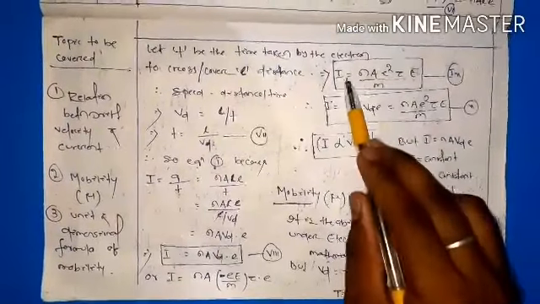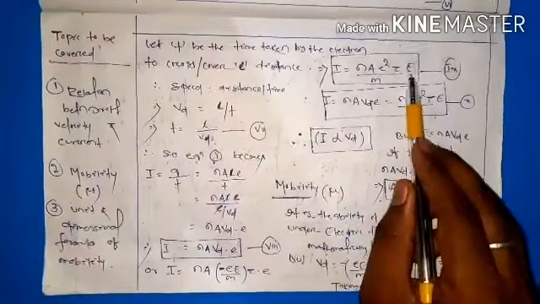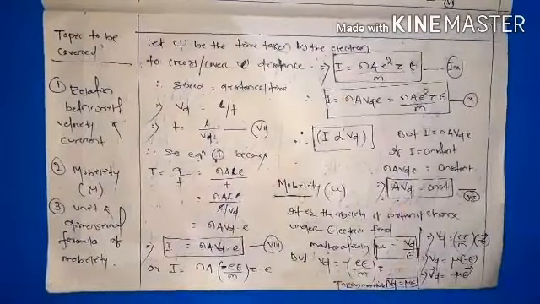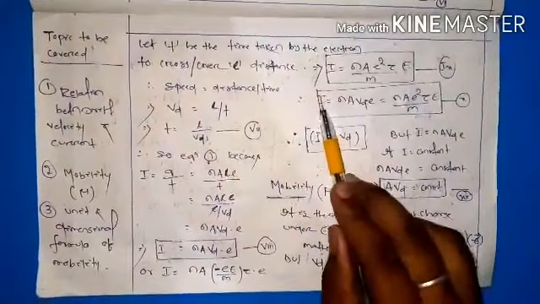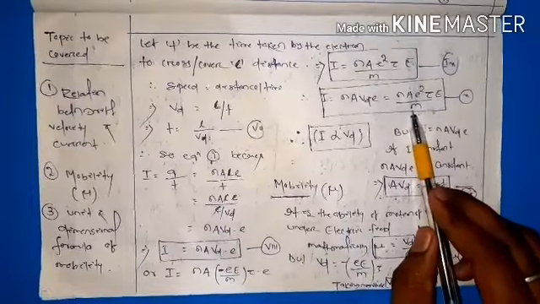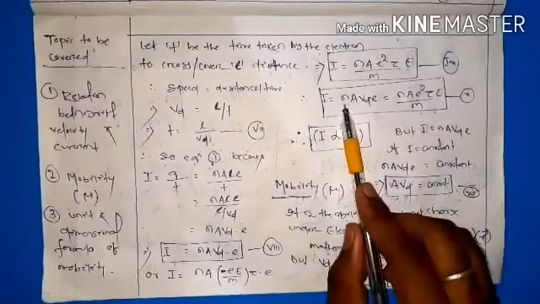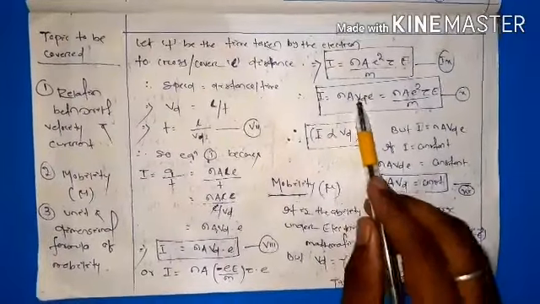This is the expression for current in terms of relaxation time and electric field. So two equations are obtained: I is equal to nAeVd and I is equal to nAe square tau E divided by m. If n, A, e are constant, then I is directly proportional to Vd.